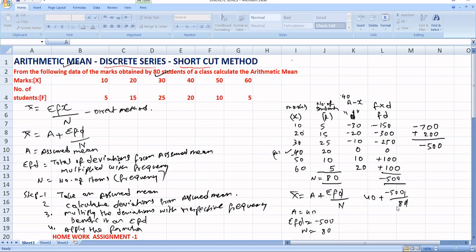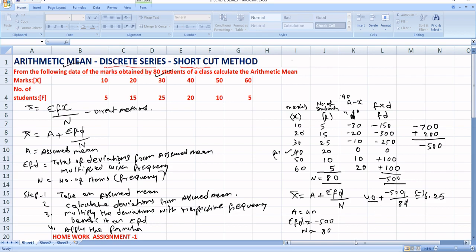If you divide 50 by 8, you get 6.25. That is minus 6.25. Just remember this: if the figure is in minuses, you have to subtract from assumed mean.